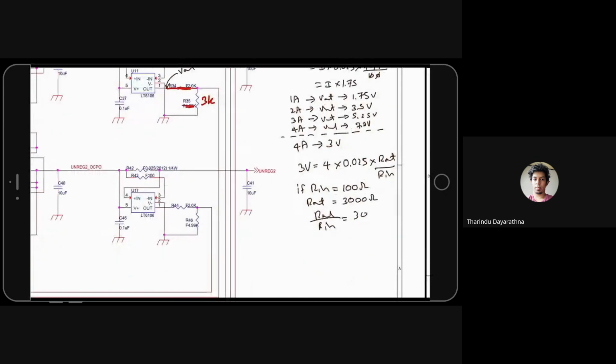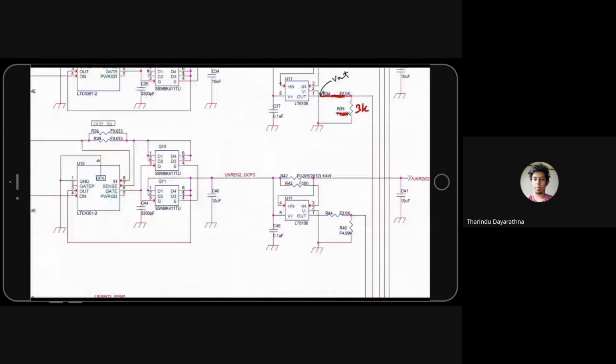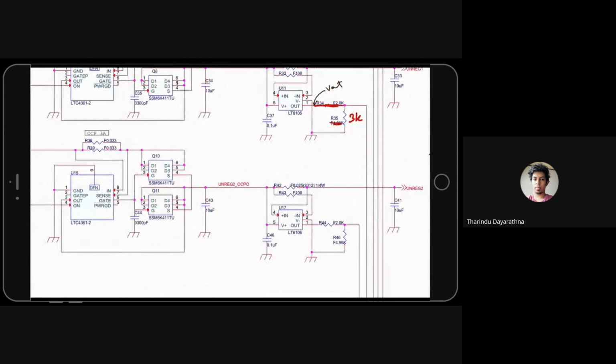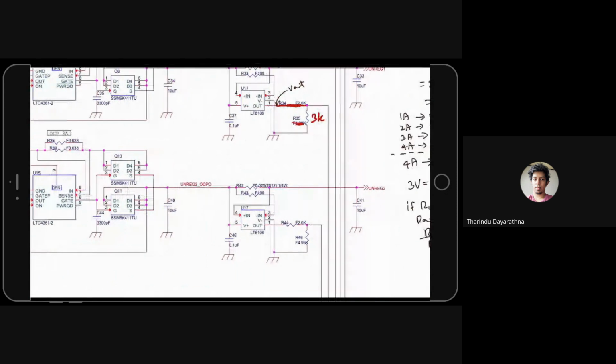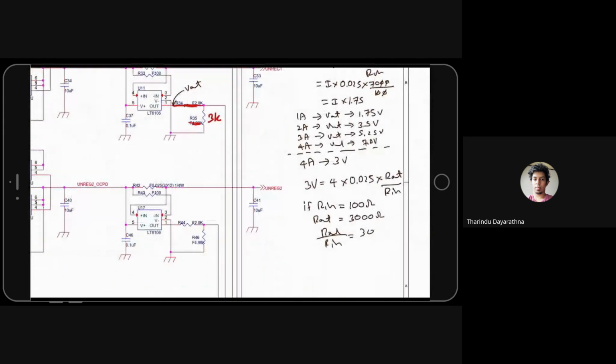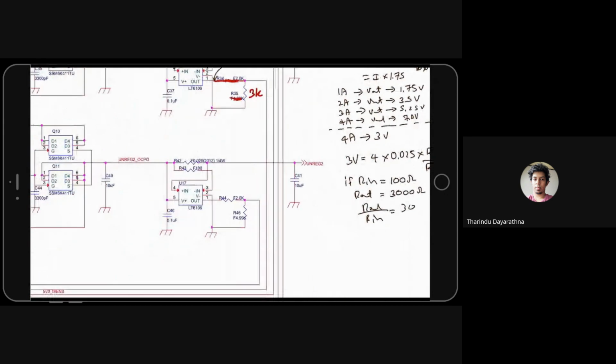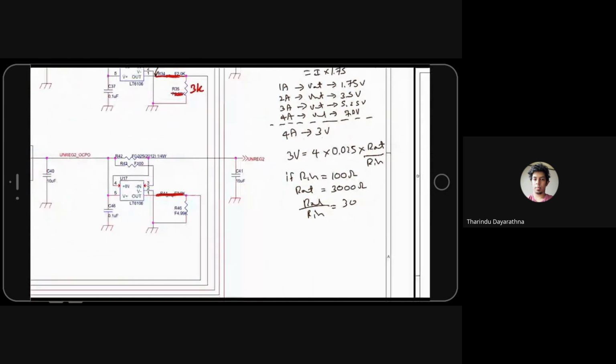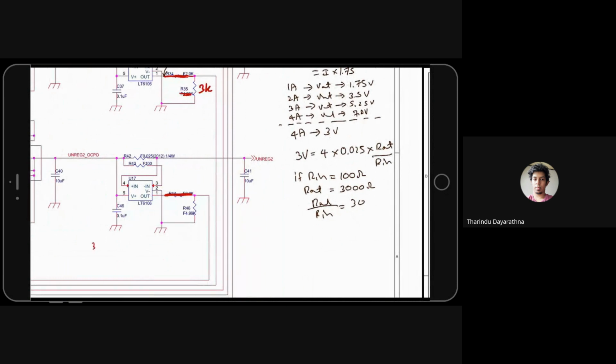And then if you go here, this OCP is 3 ampere. We can aim for the same case again for this OCP. My aim is getting 3 volt output when 3 ampere goes.